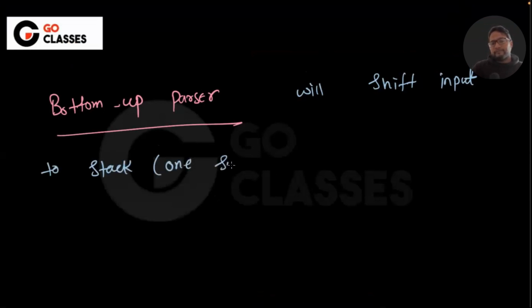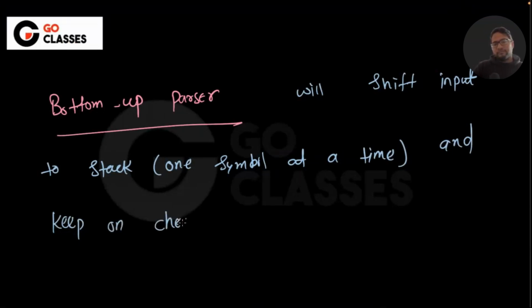The bottom-up parser will shift input to the stack one symbol at a time, and keep on checking if the top of the stack is a handle or not.